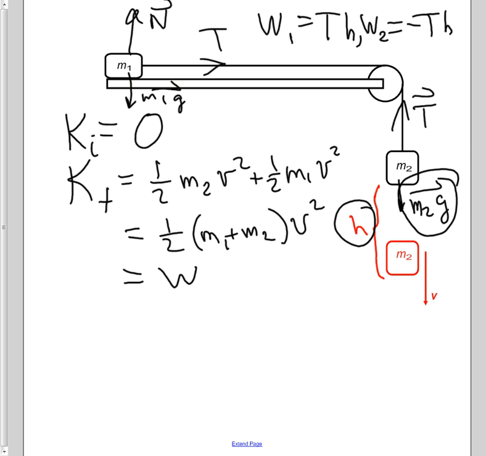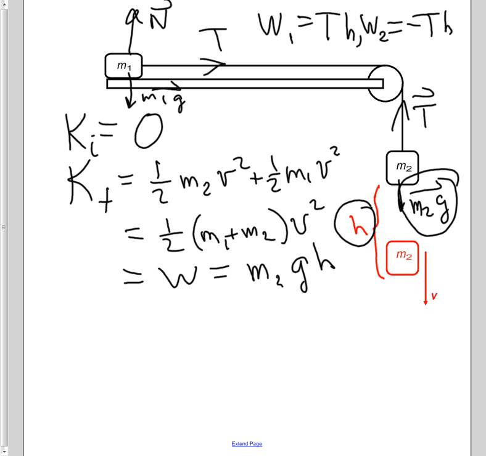So finally, the only force that does any net work on the entire system is the weight of M2, and since that is in the same direction as h, it's a positive work, so that's M2g times h.